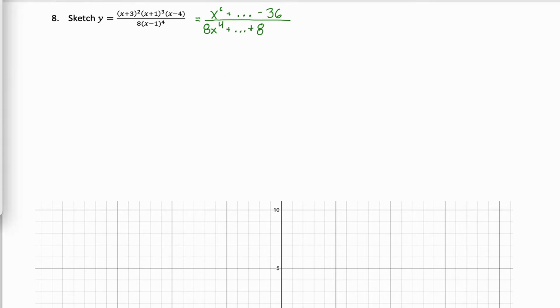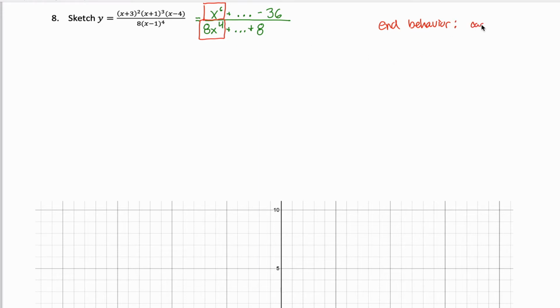Where should we start? Let's go in the order we learned this stuff. So let's first figure out the end behavior. The idea with end behavior is you only have to look at the leading terms of your two polynomials. In this case, the term in the numerator is bigger than the term in the denominator, so this is what I referred to as case 1 in the previous videos.